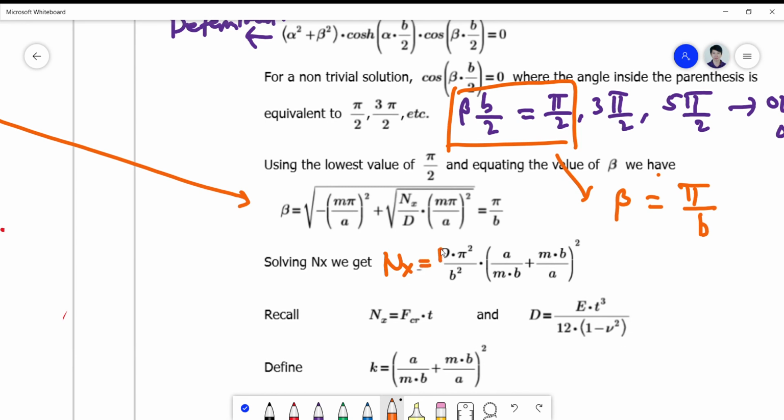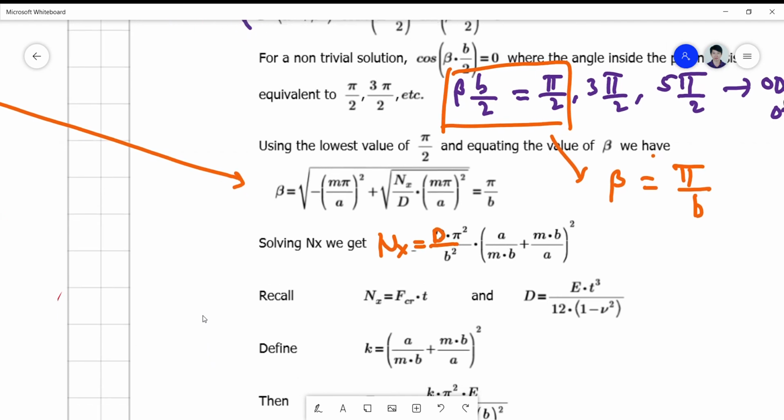So this becomes D pi squared over b squared. We recall in our figure above that nx is simply the critical buckling stress multiplied by t, and D is simply equal to E h cubed over 12 times 1 minus nu squared. So this is just the flexural rigidity.